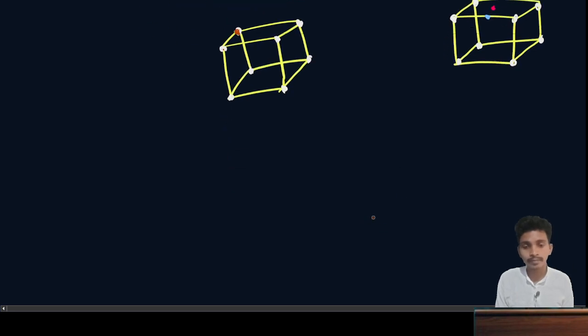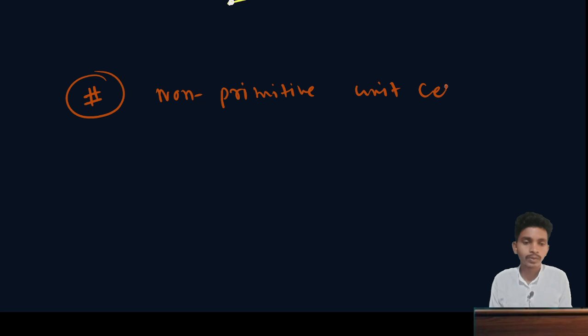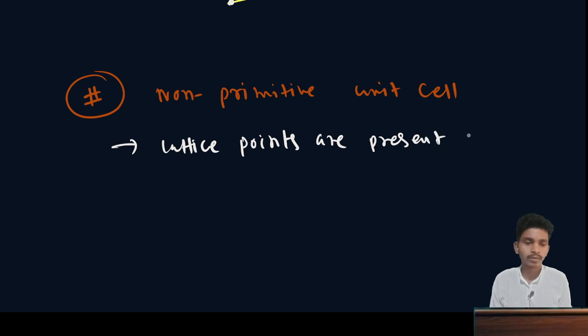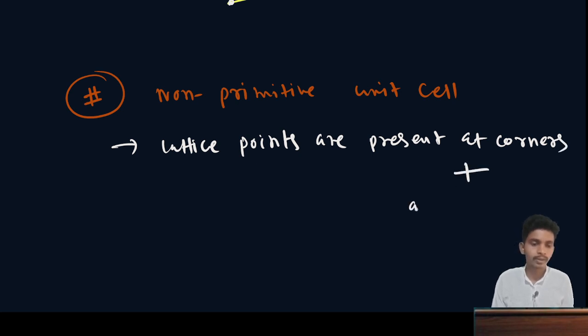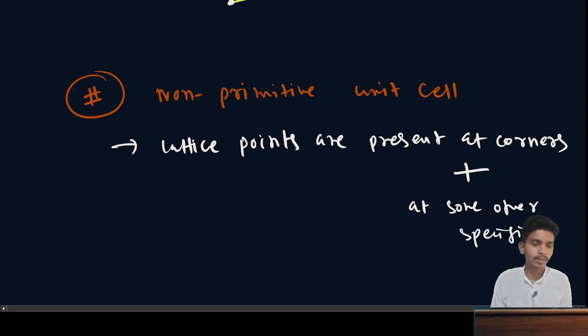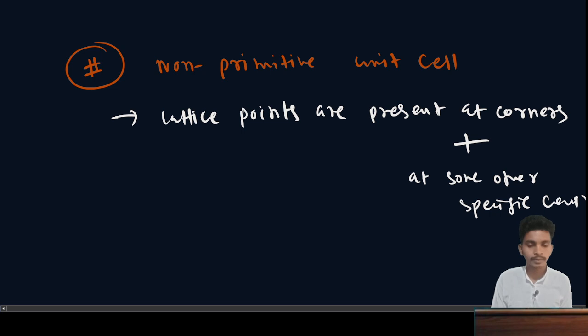Okay, so we are more interested in non-primitive unit cells, where the lattice points are present at corners plus at some other specific centers. Okay.